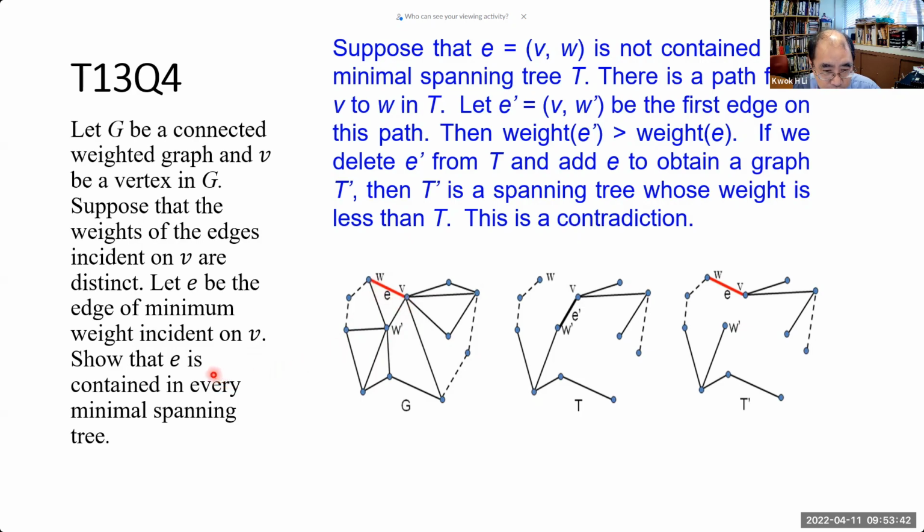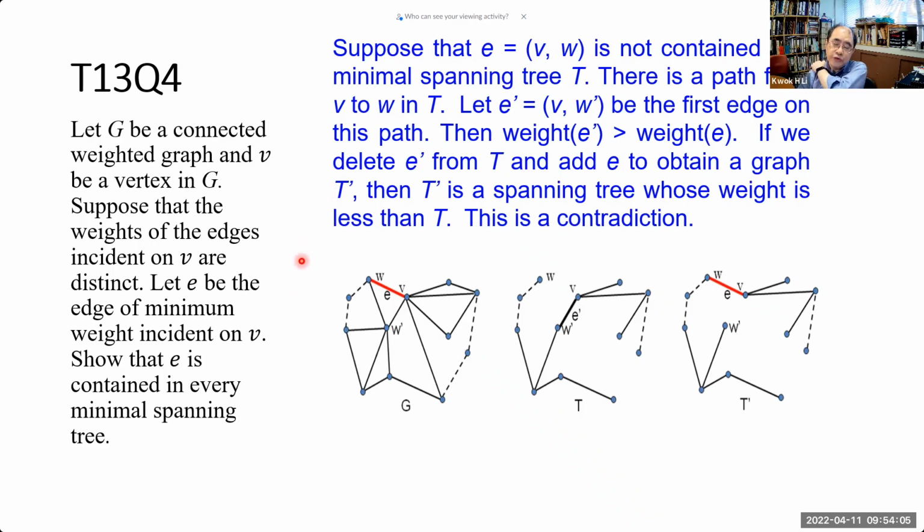We would like to show that E is contained in every minimum spanning tree. So if we form the minimum spanning tree, you must include this E. You cannot include others. That is what we want to prove.